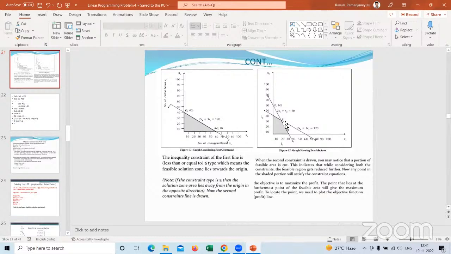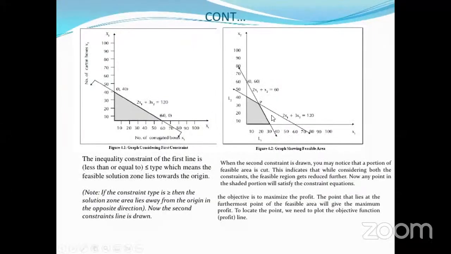There are the two condition lines we have drawn. Points between A and B or B and C may also give a solution, but they are feasible solutions only, and we want an optimal solution. Are you getting my point?